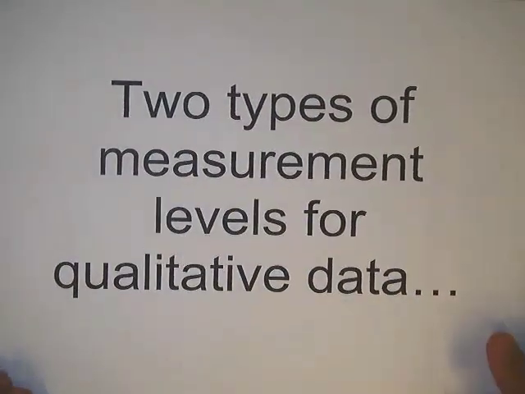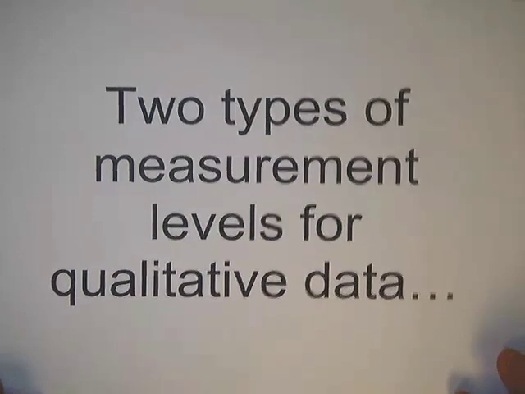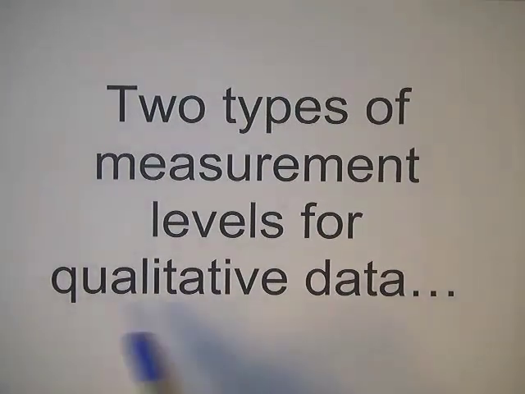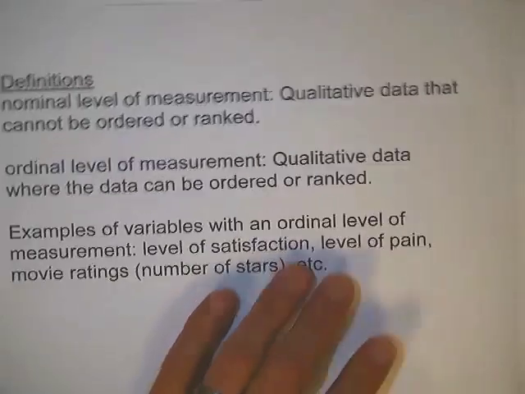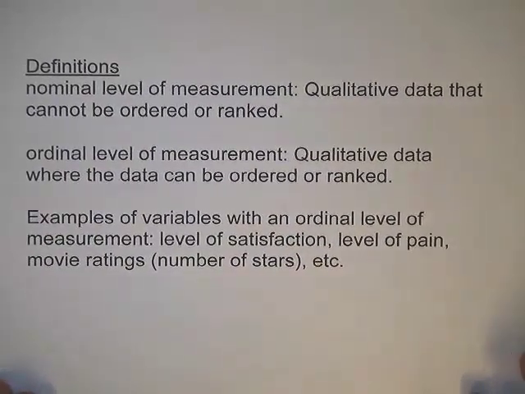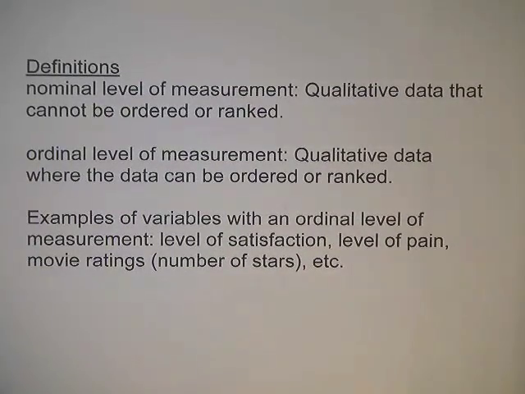Let's now make a couple of distinctions about qualitative data. There are going to be two types of measurement levels for qualitative data, and those two are what we call nominal and ordinal. The nominal level of measurement is qualitative data that cannot be ordered or ranked.